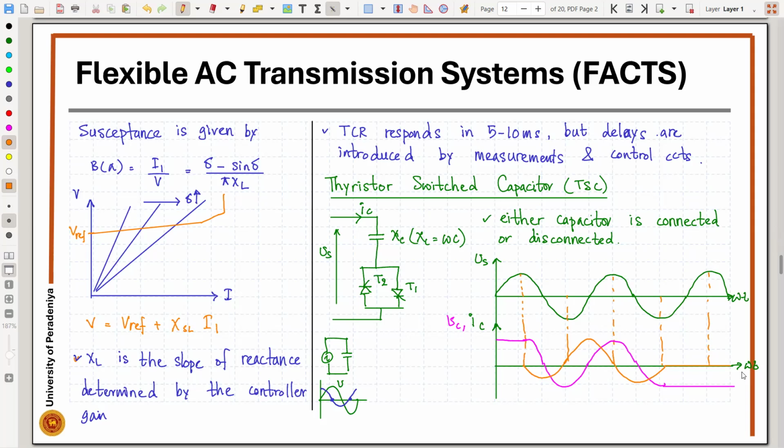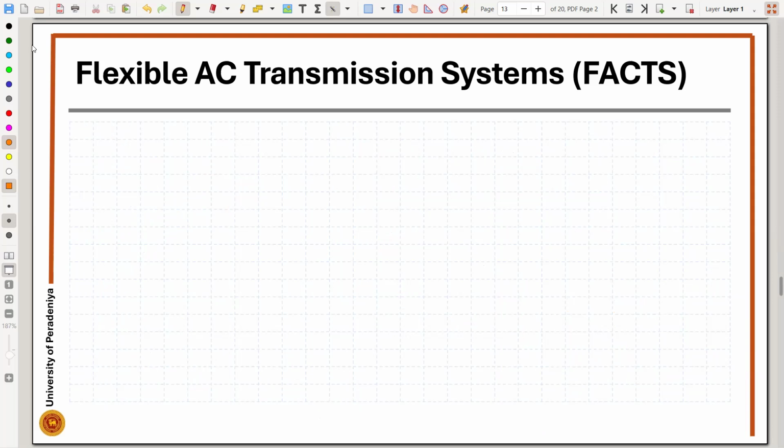If we want to turn on again, we have to wait till the voltage hits the negative peak, and at that point we need to turn on the thyristor. So this is how the control arrangement will be with the thyristor switch capacitor.